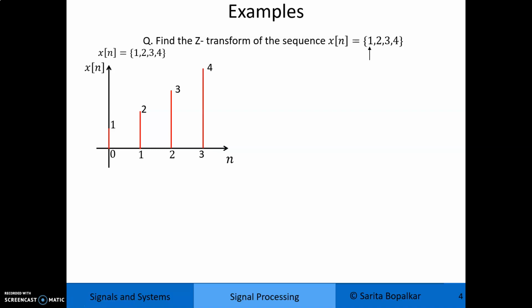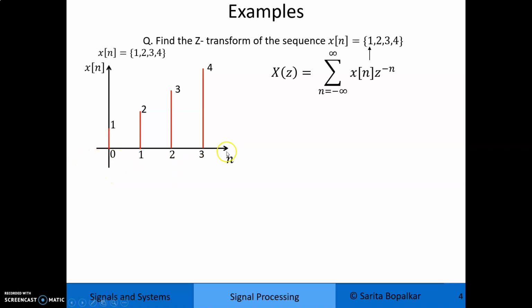We want to take the Z transform of this sequence. Definition of Z transform is X(z) equals the sum of n varies from minus infinity to plus infinity of x(n) z raised to minus n. Let's put the limits for n, and for that we should check the existence of x(n). X(n) exists from 0 to 3.